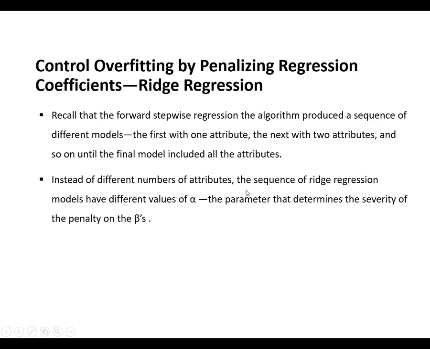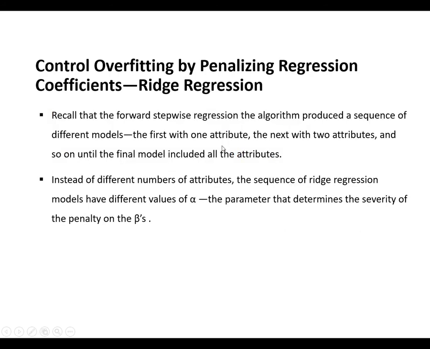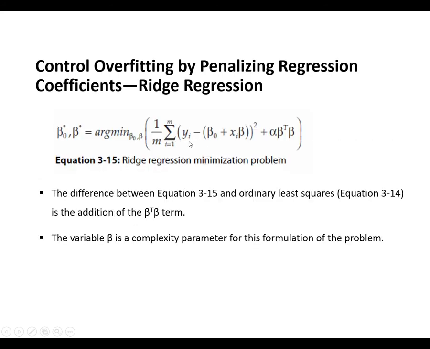Instead of a different number of attributes, the sequence of ridge regression models have different values of alpha, the parameter that determines the severity of the penalty on betas. That means there is a basic change over here. Normally the xi into betas in the previous case may keep on changing, but alpha is the parameter that we are changing.